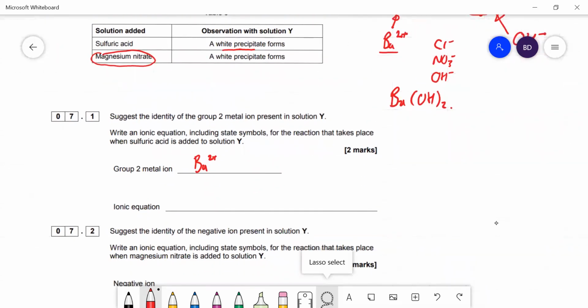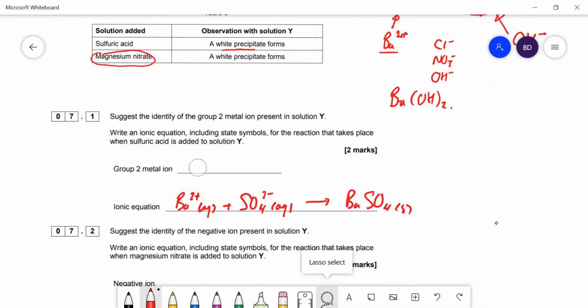Now, writing the ionic equation for the reaction that takes place when sulfuric acid is added. It's going to be Ba2+ aqueous plus sulfate ions aqueous goes to BaSO4 solid. I suppose you could write down the full ionic equation if it was barium hydroxide.